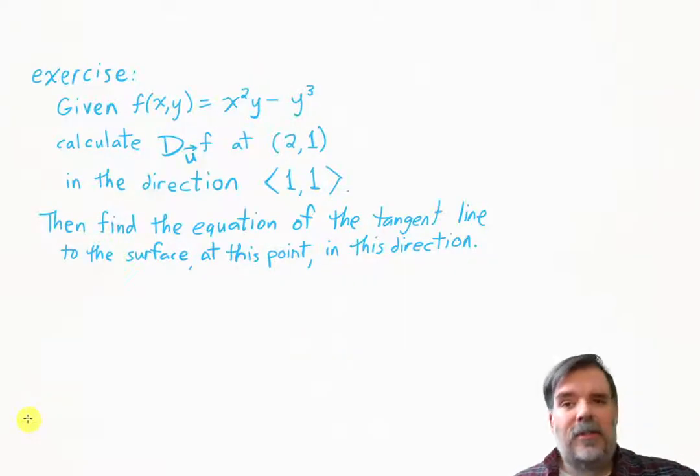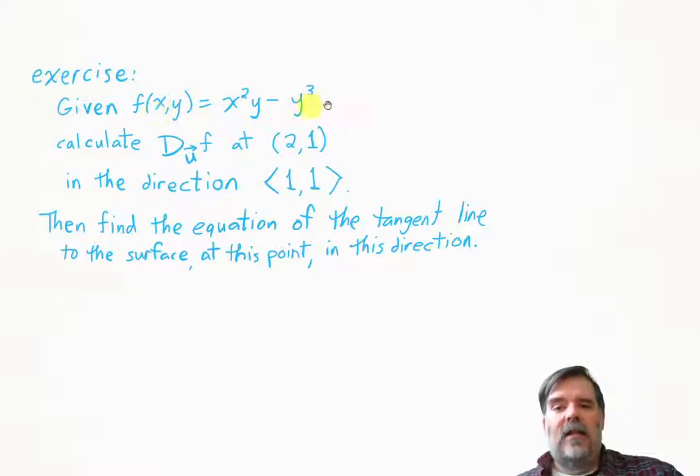All right, that's an interesting side note, but I think the most important things to take away from this lesson are: how do you calculate a directional derivative, and how do you come up with the equation of a tangent line? And so the review exercise for this lesson is to do exactly that. Let's say you're given this function, f of (x, y) is equal to x squared times y minus y cubed.